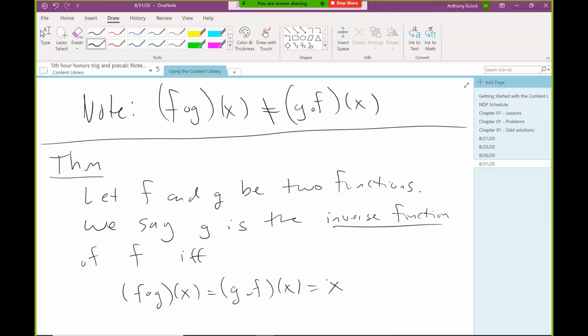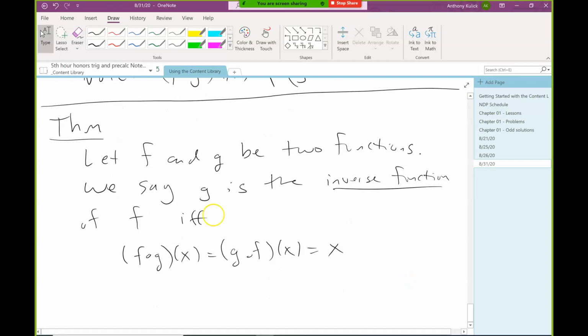So if f and g are two functions, we say that g is the inverse function of f if and only if the composition both ways is equal, and both of these two compositions need to simplify down to leave us with just x. Do you remember this theorem from last year? I think we used this a fair bit in Algebra 3-4 when we talk about inverses.